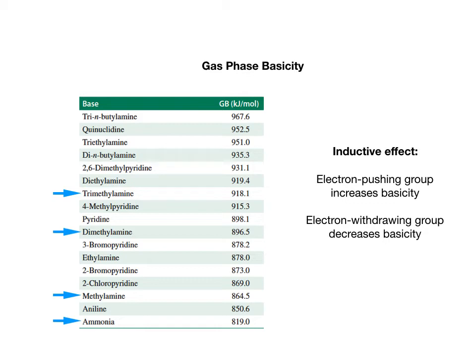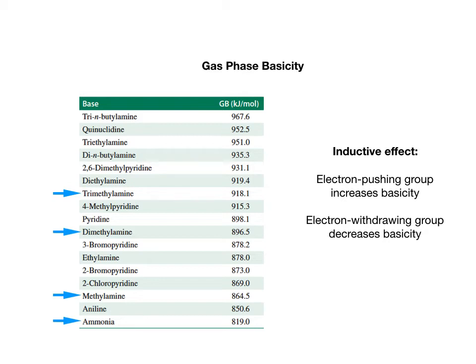So trimethylamine has three methyl groups, dimethylamine has two, methylamine has one, ammonia has zero. And if you look at their GB values, you'll find that there's a perfect trend in that the more methyl groups you add, the higher the basicity you will get.